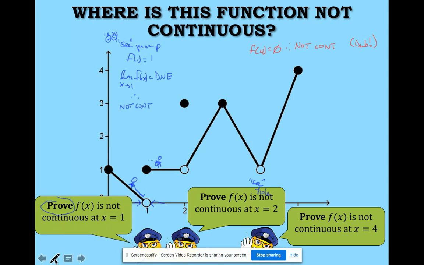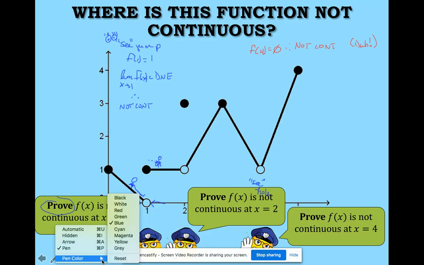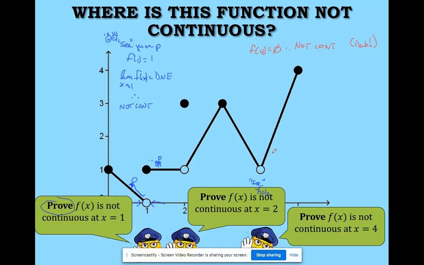Even though I see a hole, step 1, the function value at 2 is what? Defined. It's defined and it's at 3. So now I go and I look at the limit. Do you have bumping bellies though?